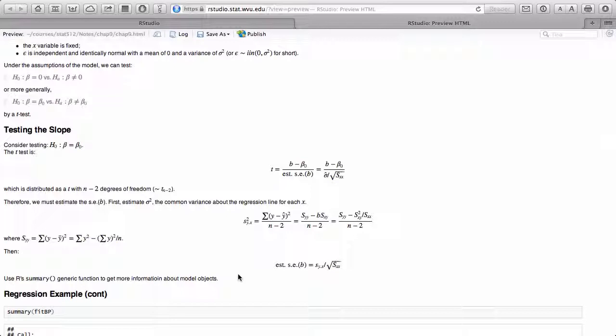By the way, if the data is too concentrated about x bar, then s sub xx becomes very small, and therefore sigma hat, which is my estimate of sigma, over the square root of s sub xx, if s sub xx approaches 0, then that standard error gets very big.